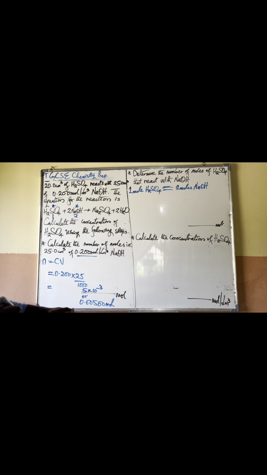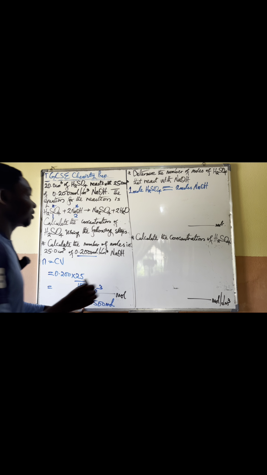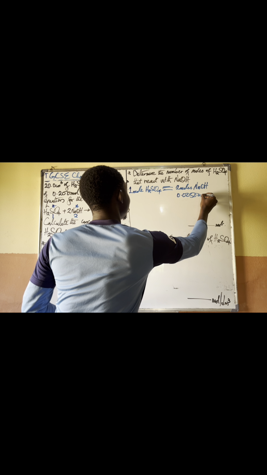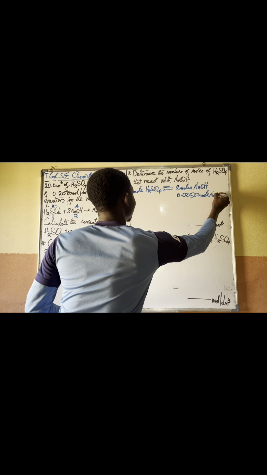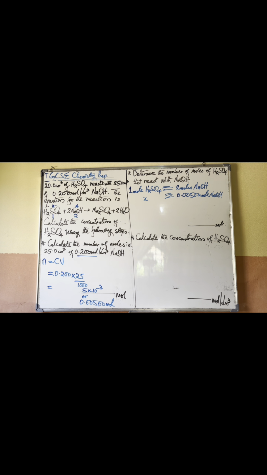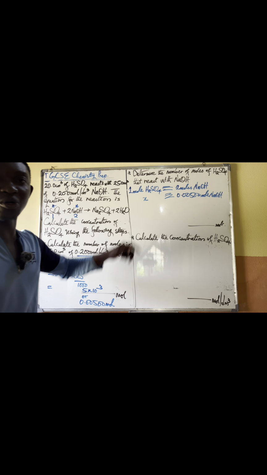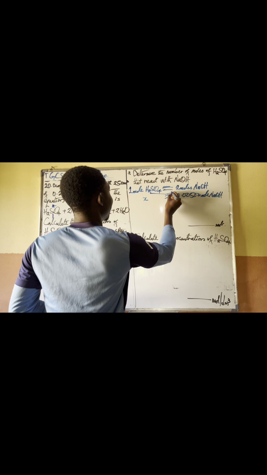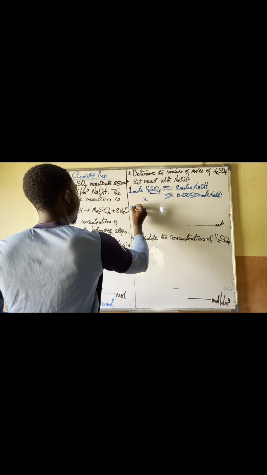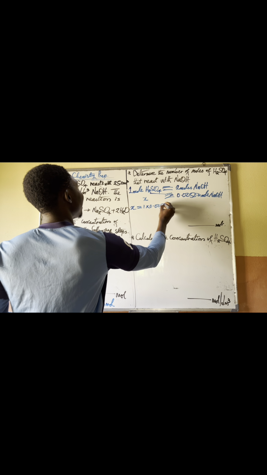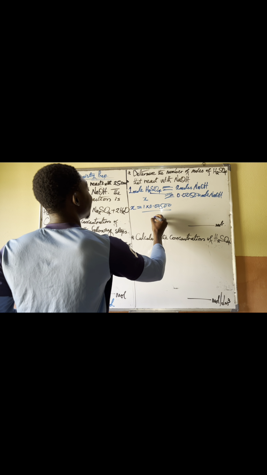Then from here, we've already got the number of moles of sodium hydroxide. Therefore, 0.00500 mole of the sodium hydroxide would react with what amount of the sulfuric acid? That's why I put X here, because it's an unknown. This is the direct proportion method. We just cross multiply. X will be equal to 1 times 0.00500 divided by 2.